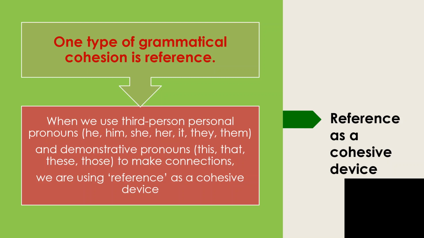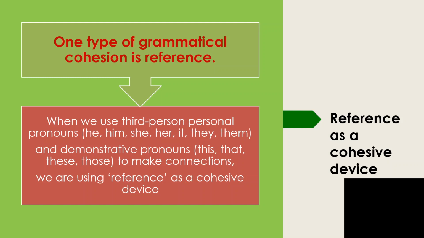Personal pronouns, the third person, that means not I and you and we and you in the plural, but the third person, so he, she, it, they, and obviously then also the object personal pronouns, so him, her, it, and them.